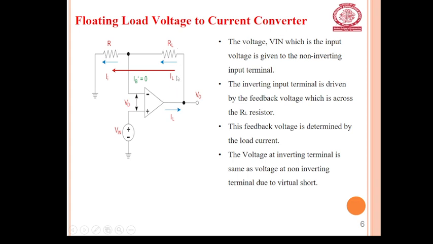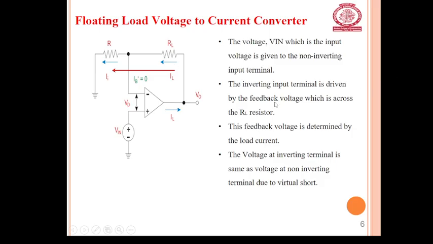This is the circuit. Here the op-amp is used in non-inverting configuration because the input signal is given to the non-inverting terminal of the op-amp. So we are converting this given input voltage Vin into proportional output current. Output current means load current.